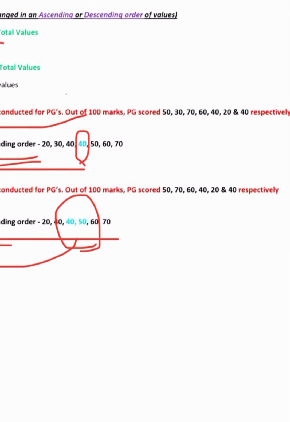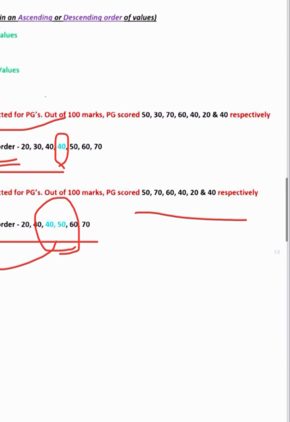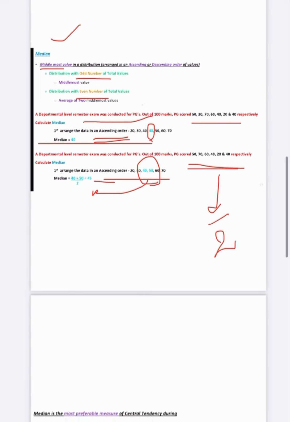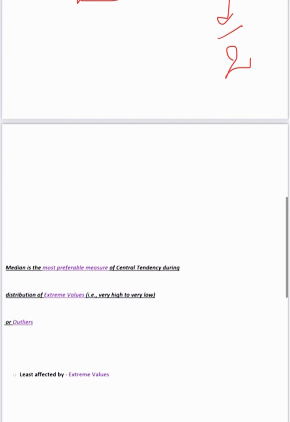That is, first observe whether the data is even or odd. If it is odd, arrange it in ascending order, and the middlemost value gives you the median. If it is even, add the two middlemost values and divide by 2, you will get the median.